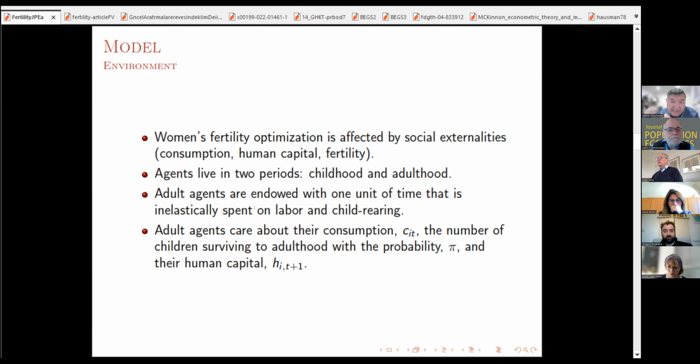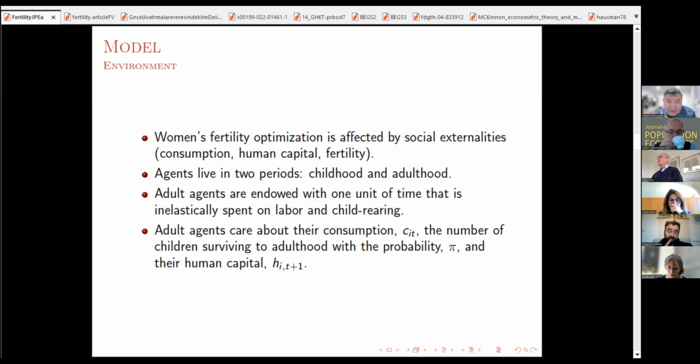And when I say fertility, that means fertility of other people around them. And the agents live in 2 periods, childhood and adulthood. The adult agents have 1 unit of time, as usual in standard OLG models, and there is no leisure. So they either work or they look after their children.